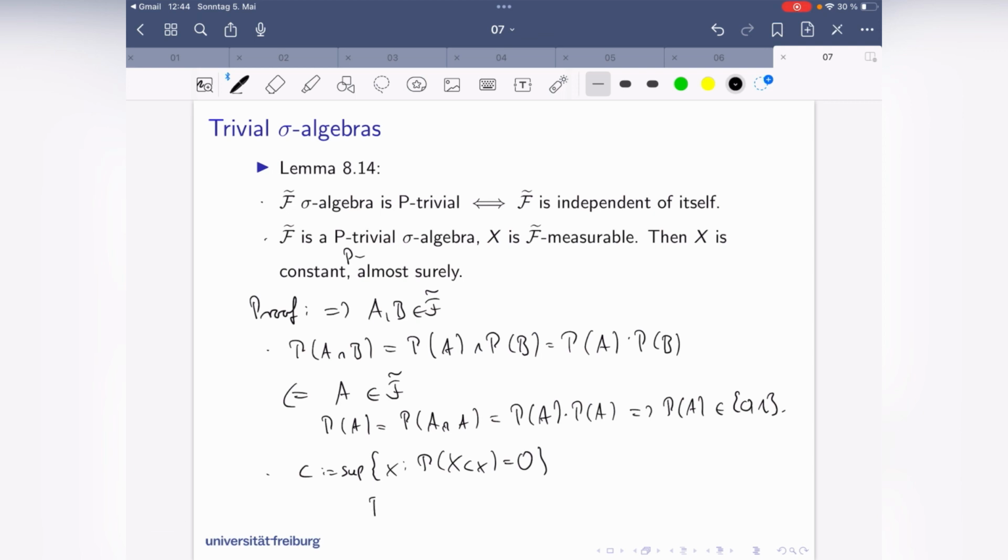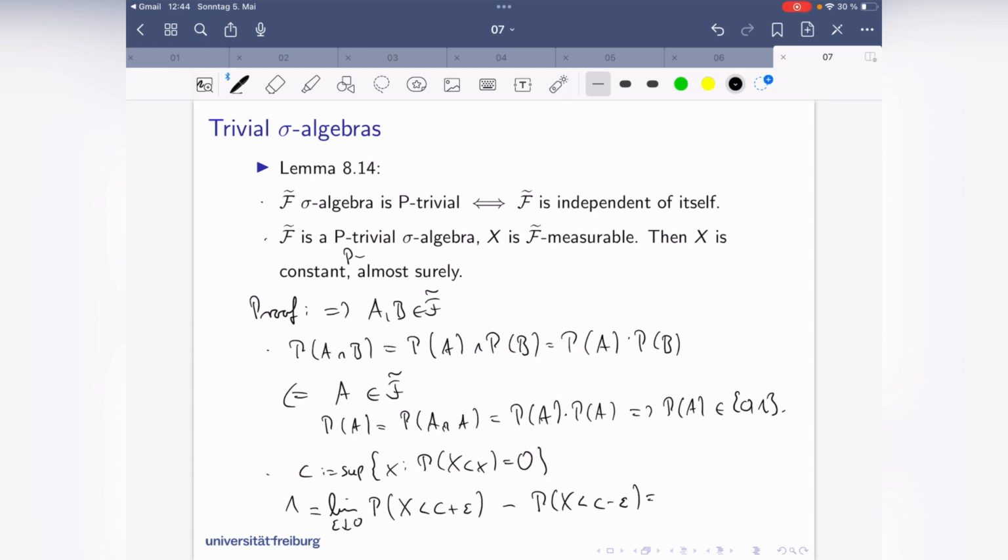So P of X smaller than c plus epsilon is 1 for all epsilon, so it's also 1 if I take the limit epsilon going down to 0. On the other hand, for X smaller than c minus epsilon, by definition the probability is 0 here, so I can subtract it.